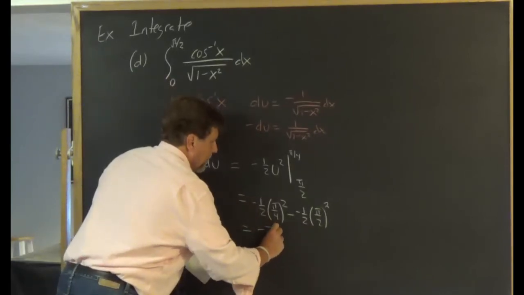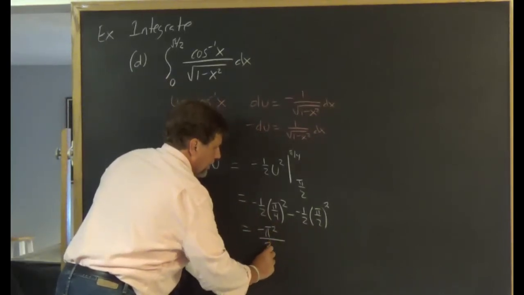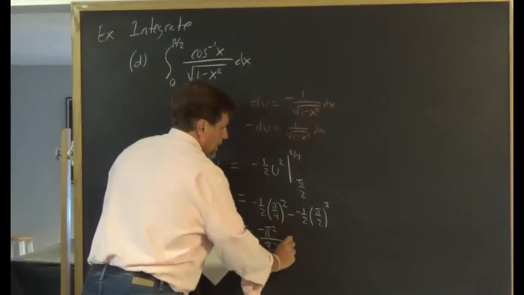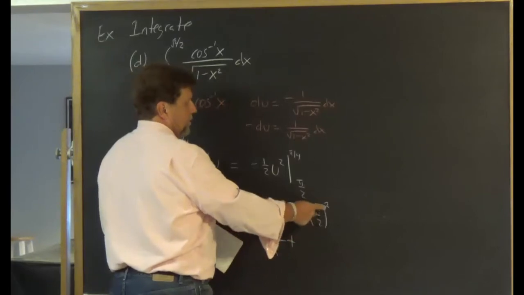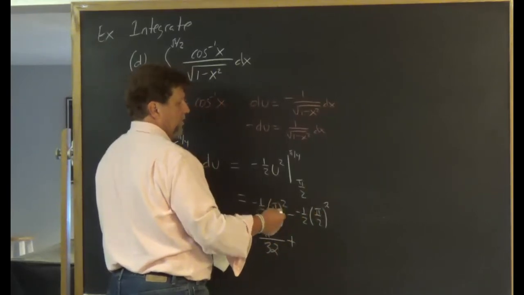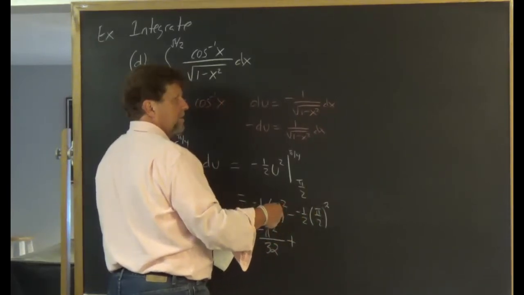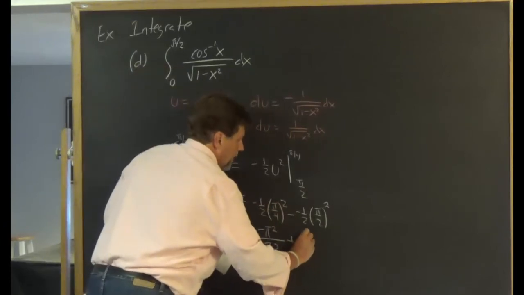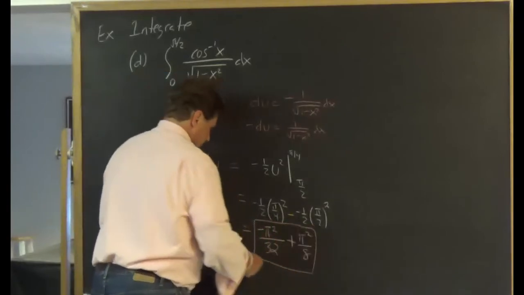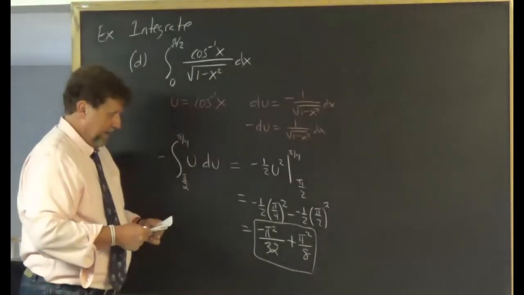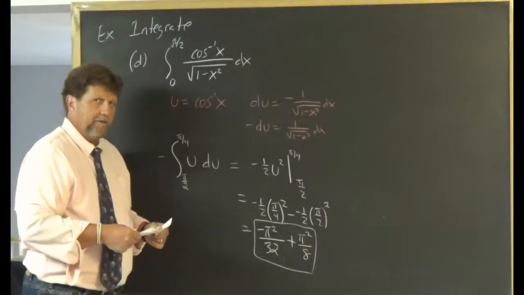That's negative pi squared over 32. That's plus (pi over 2) squared, that's pi squared over 4. 1/2 times pi squared over 4 gives me pi squared over 8. So that is the value of the definite integral.